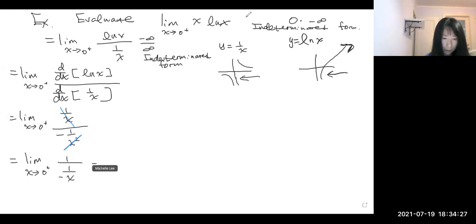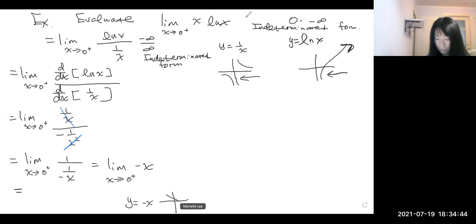So when x approaches 0 from the right, what do you get for this one?